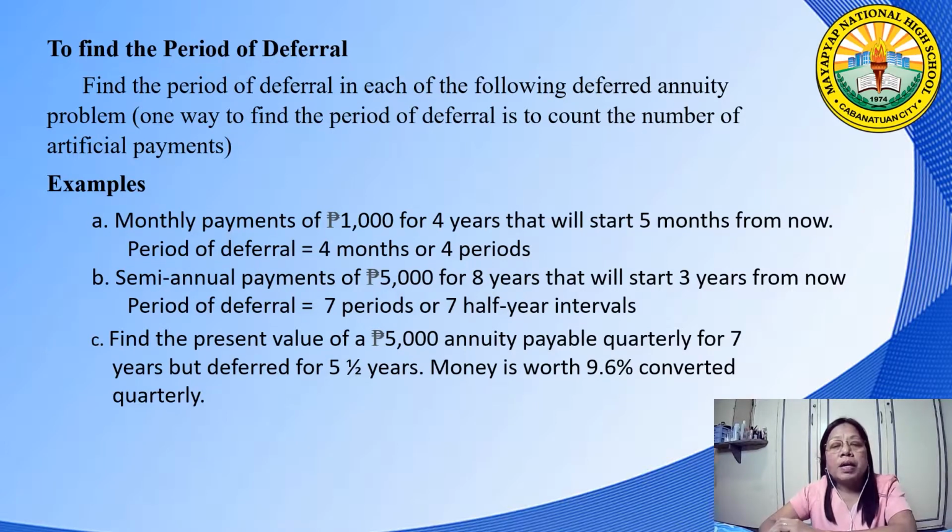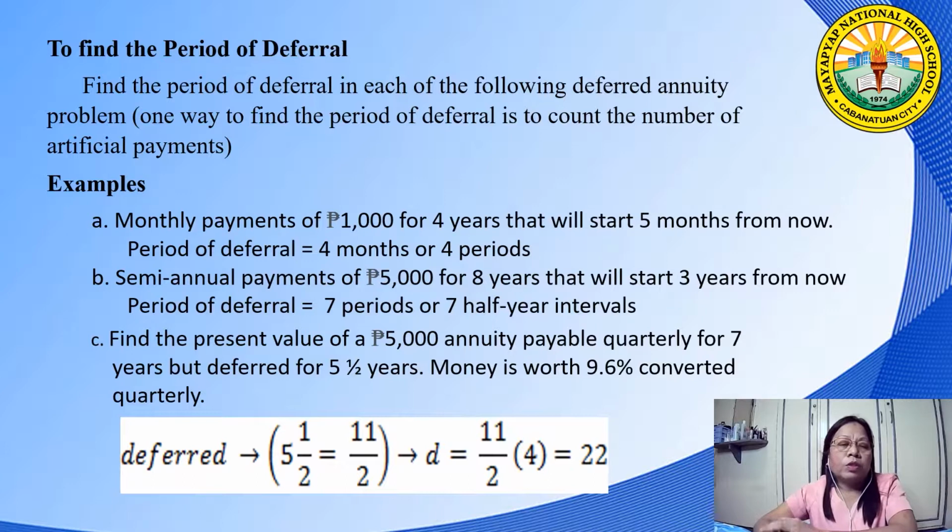Money is worth 9.6% converted quarterly. The period of deferral is 5.5 years; multiplied by 4, that is equal to 22.